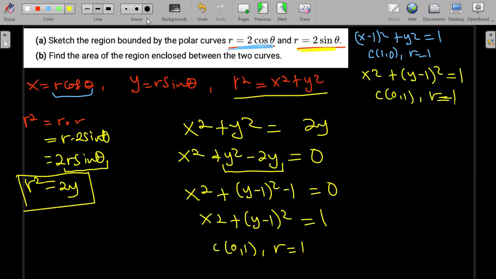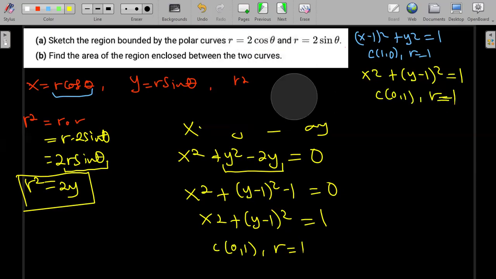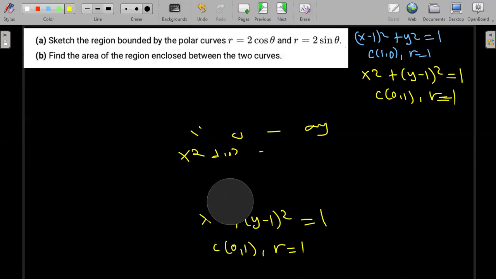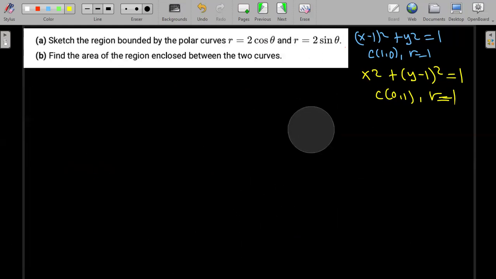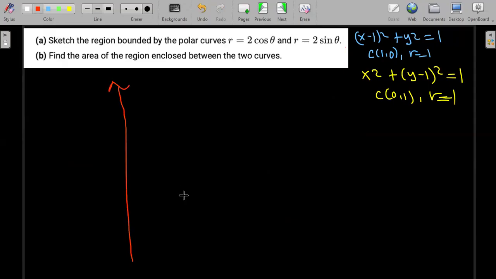So now we can sketch these two curves. They're just circles. Let's do that. Let these be our axes.